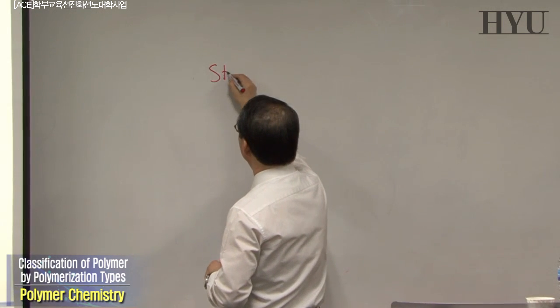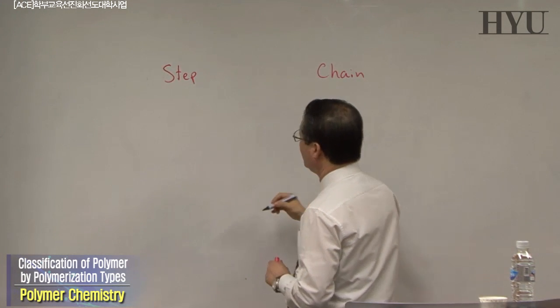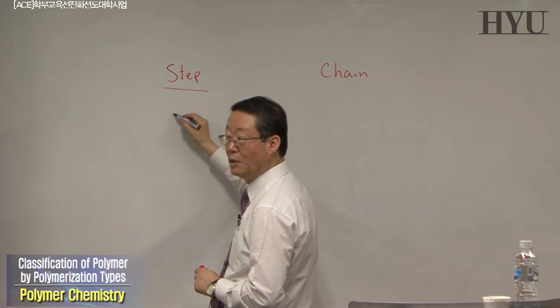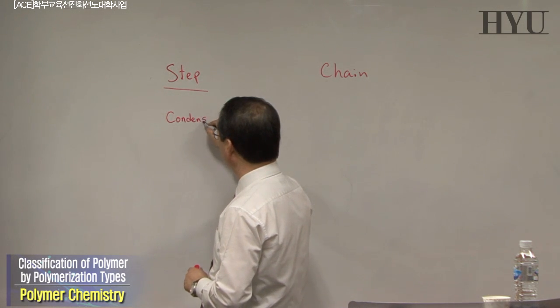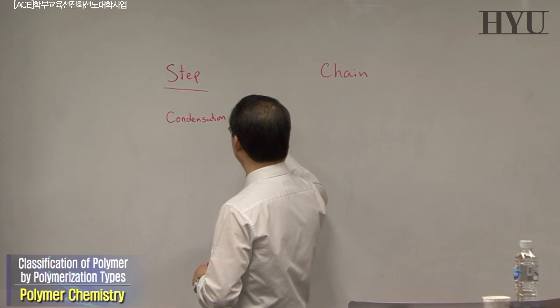So we have talked about step growth and chain growth. In the case of step growth polymerization, usually step growth was regarded as condensation polymerization reactions, where you have a byproduct such as water.